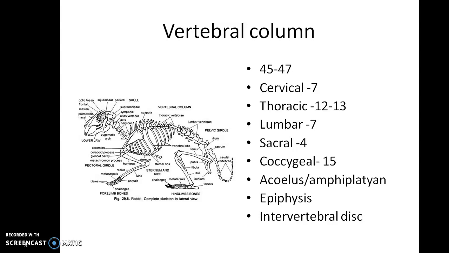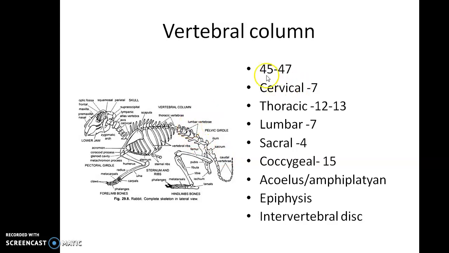We can classify them into 5 regions: the cervical region, that is the neck region, which has 7 vertebrae; the thoracic region, which has about 12 to 13; the lumbar, the main portion, which has 7; and the sacral part, the fused part of the vertebrae, which is attached to the hind limb region, about 4 fused vertebrae; and the caudal or tail vertebrae, 15 to 18.